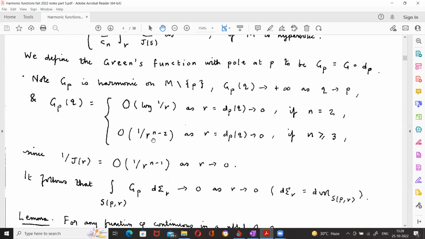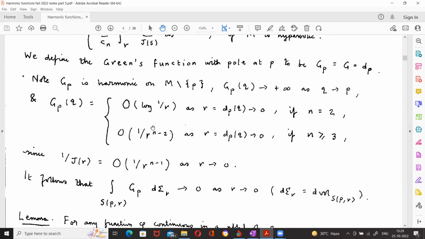The importance is, if I look at the integral of the Green's function over the sphere of radius R, this will tend to 0 as R tends to 0. Why is that? Because the total mass of the sphere of radius R looks like a constant times R to the n minus 1 as R tends to 0. And R to the n minus 1 times either of these functions converges to 0 as R tends to 0.